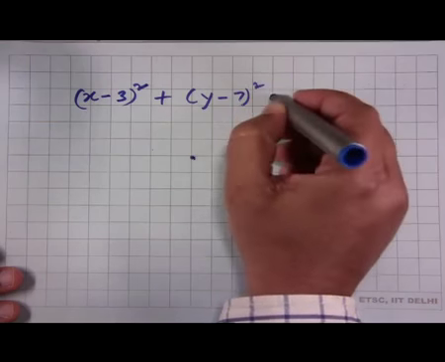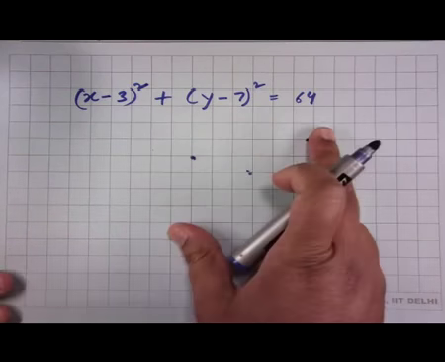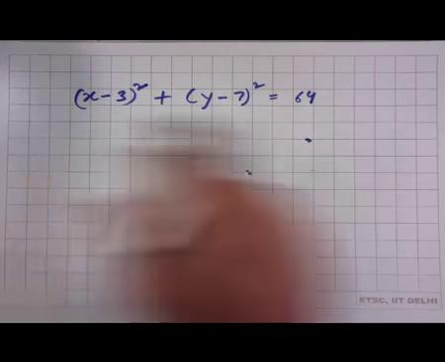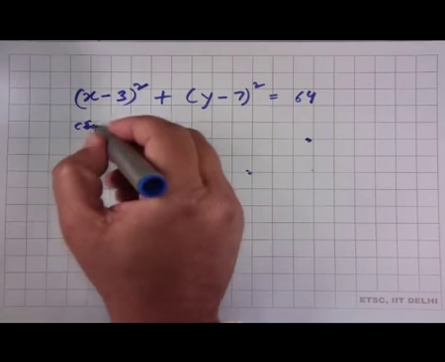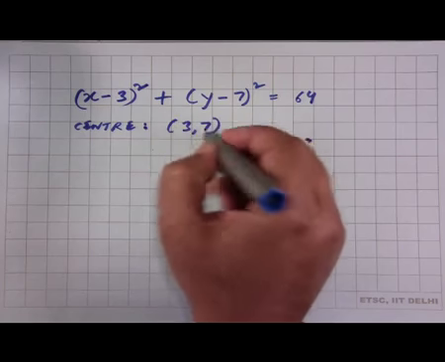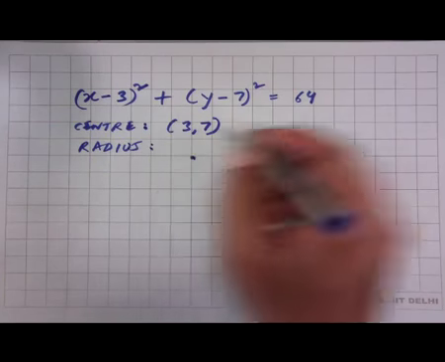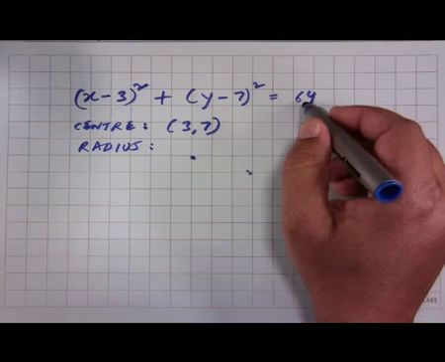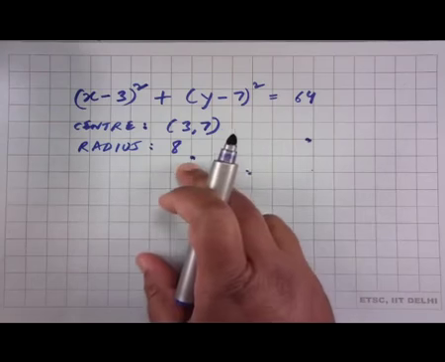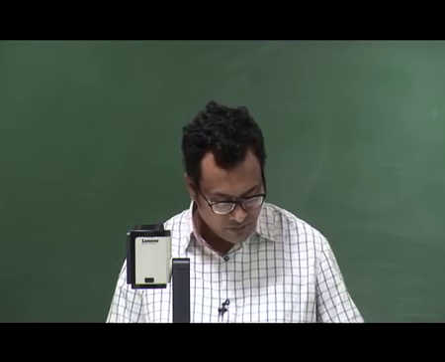It is in the center radius form, and just by looking at it we can very easily say that the center of the circle is (3, 7) and, since this is r squared, the radius is 8.